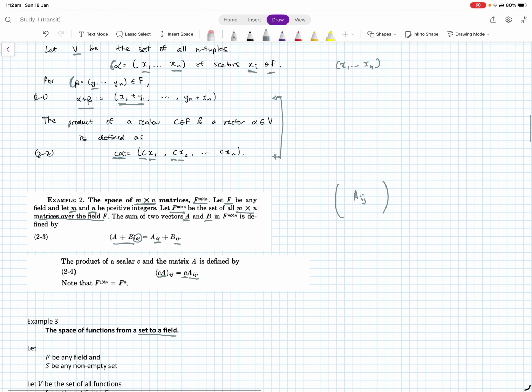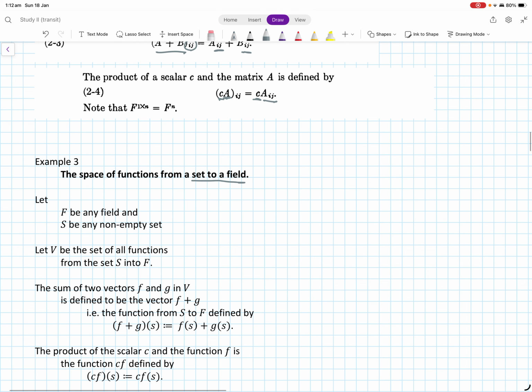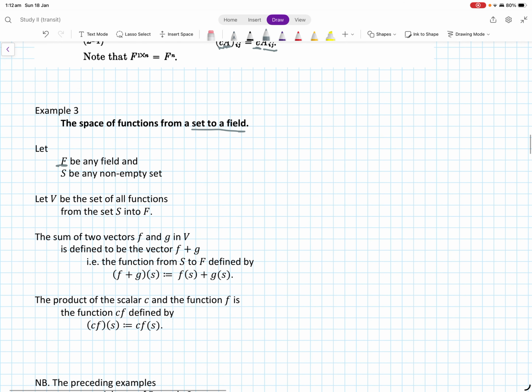Now we're going to look at general functions which take you, in a sense, from indices to an element in the field. Let's try to define it more formally. So here F is some field, and S is some non-empty set.